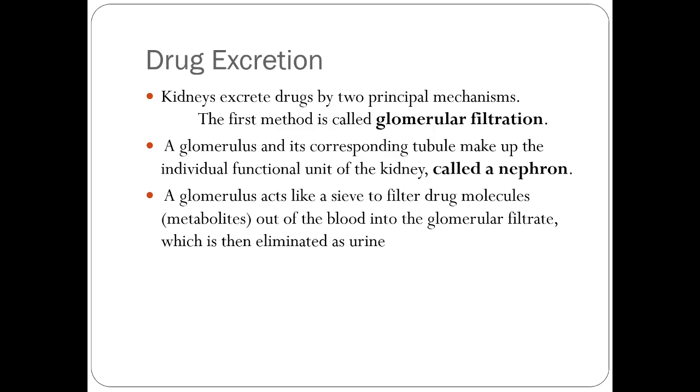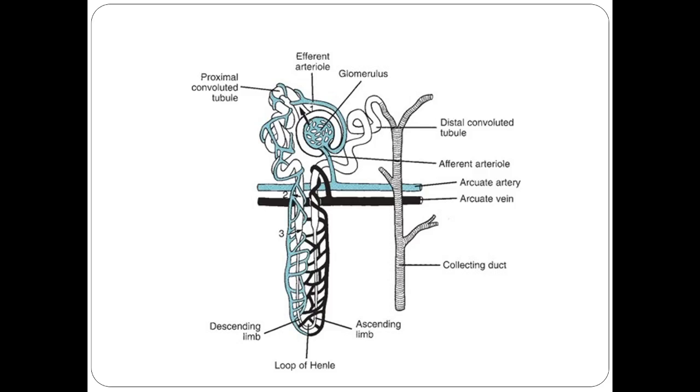So the first is glomerular filtration, just like we filter everything else in our kidneys. And we need to remember that the glomerulus and its corresponding tubule is that individual functioning unit called a nephron. And so that glomerulus is the sieve that filters drug molecules and all other molecules out into the glomerular filtrate and eliminated as urine.